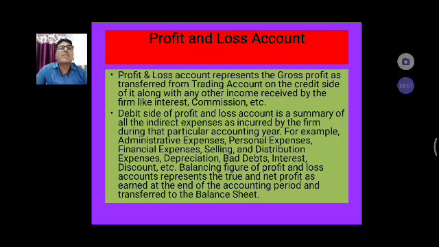For example, administrative expenses, personnel expenses, financial expenses, selling and distribution expenses, depreciation, bad debts, interest, discount, etc. These are the expenses which are taken on debit side of profit and loss account. Balancing figure of profit and loss account represents the true and net profit as earned at the end of the accounting period and transferred to the balance sheet.